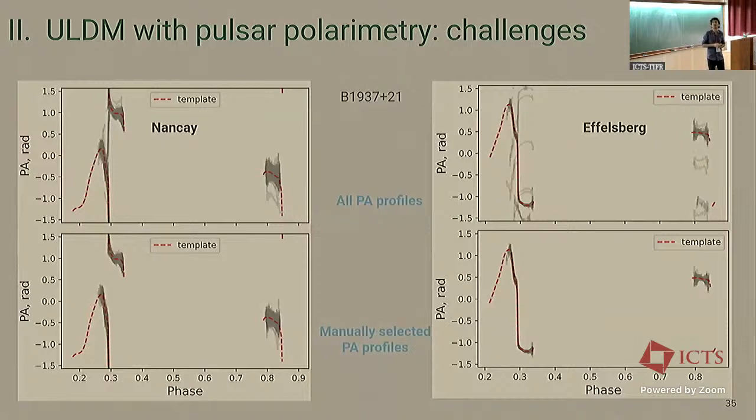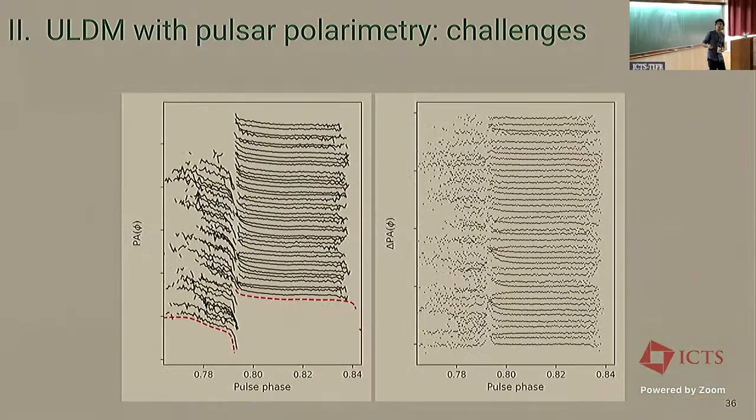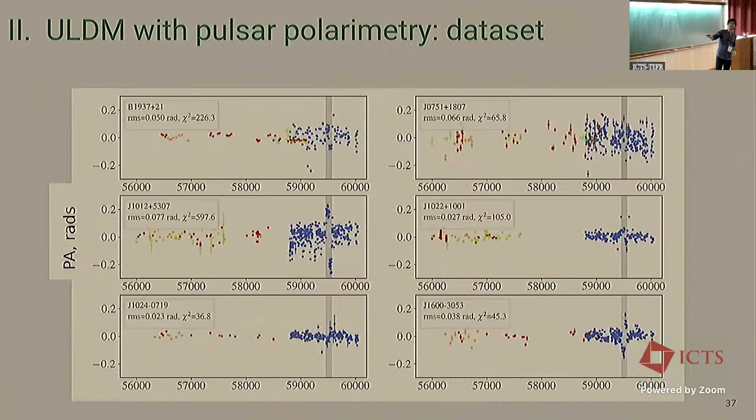Once we have the polarization angle change over the rotational phase, we construct the template and subtract off the templates. For each observing epoch, we construct these polarization angles, subtract off the template to get the delta PA, and then perform a weighted average of the delta PA for each epoch to produce these data points.